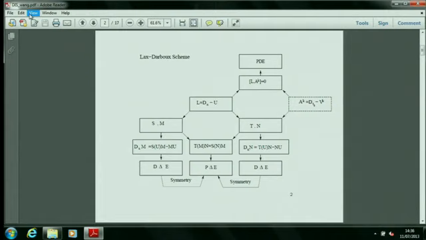Right, first I draw this graph for the Lax-Darboux scheme, which you already heard, and this saves me a lot of time to explain it. But if you look at the arrows, you notice that there is a center, and all arrows come from here.